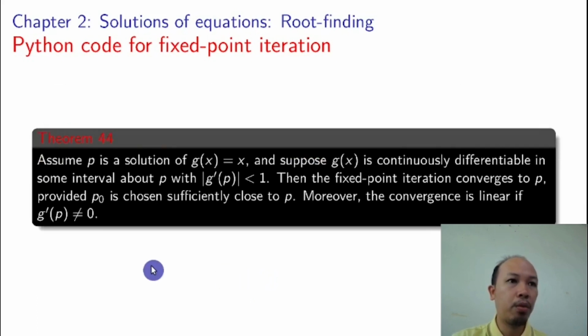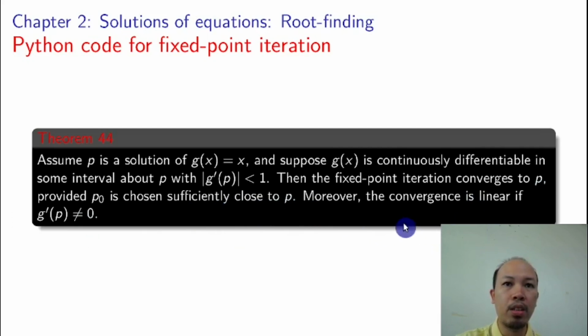Okay, theorem 44, this is the last. Assume p is a solution of g of x is equal to x, meaning p is the fixed point, and suppose that g of x is continuously differentiable in some open interval about p with this inequality, then the fixed point iteration converges to p provided p sub 0 is chosen sufficiently close to p.